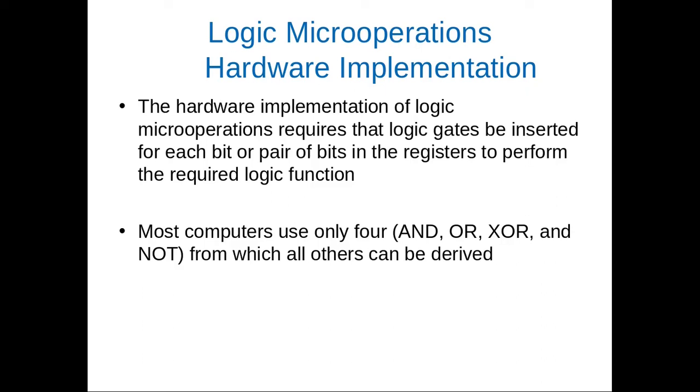That is, corresponding to each bit pair we need 1 AND gate. Most computers use only 4 microoperations: AND, OR, XOR and NOT, from which all others can be derived.